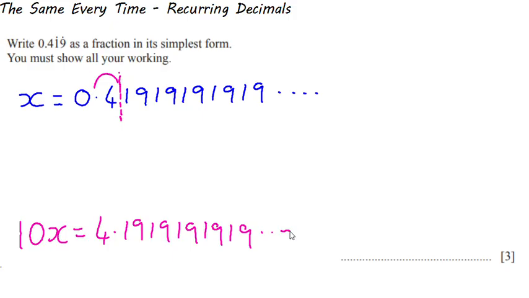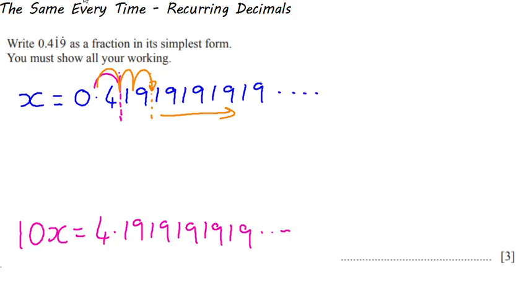Now I need to write another version of this decimal so that the right-hand side only has the repeating parts, the 191919. So there it would be. That's where we start repeating again. To the right of that is just the 191919. So how many places do I move my decimal point to get to there? 1, 2, 3 places.